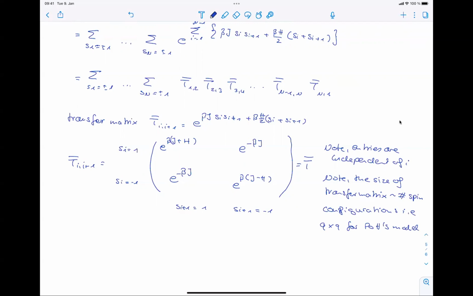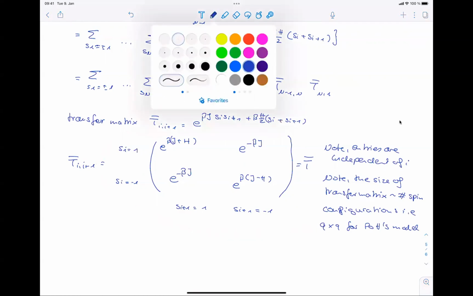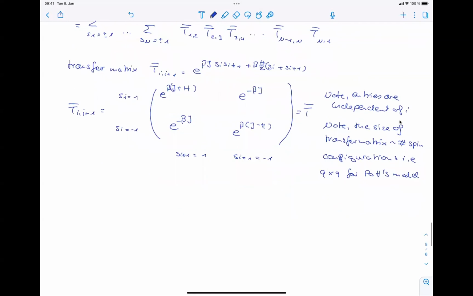So now we just changed the representation of these exponents, which used to be products over e to the powers, into this transfer matrix. And it allows us to now efficiently sum over states.